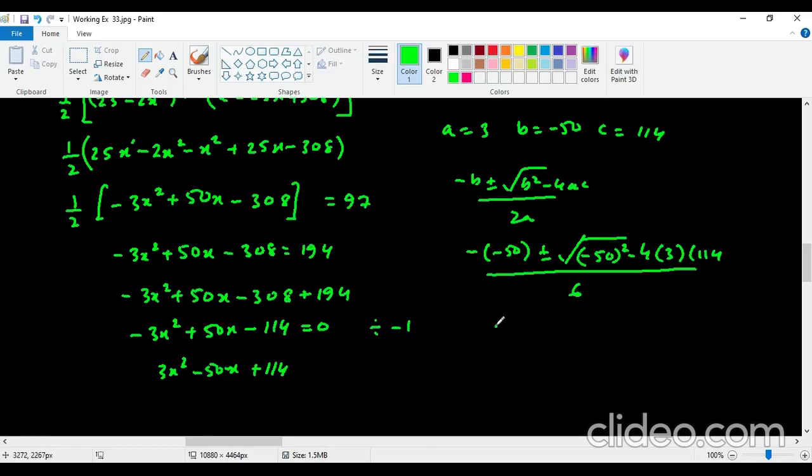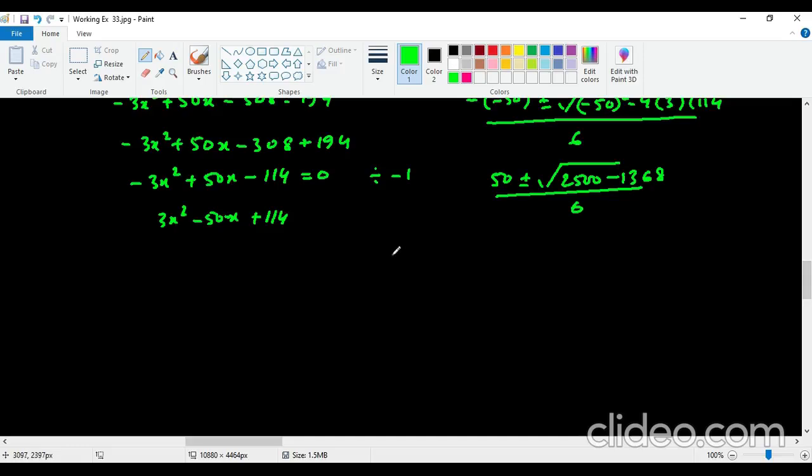So in here I get 50 plus minus, this is going to give us 2500 and minus 1368 divided by 6.